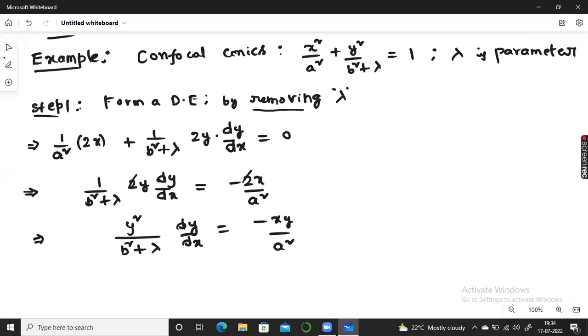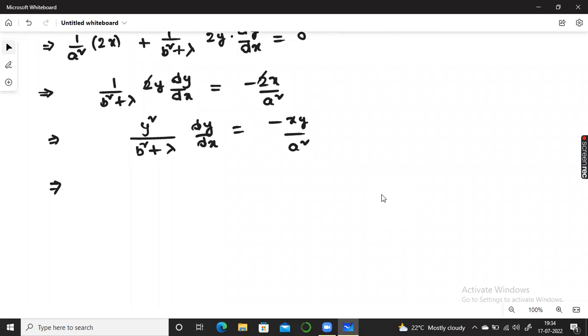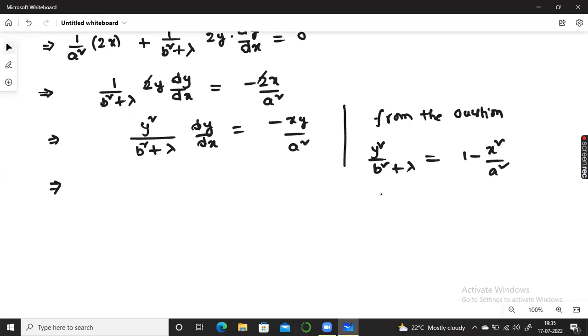To remove lambda, see, I got now the y square by b square plus lambda term. From the given equation I can write y square by b square plus lambda is equal to 1 minus x square by a square. It means this term I can easily remove. So from the given question, y square by b square plus lambda is equal to 1 minus x square over a square.